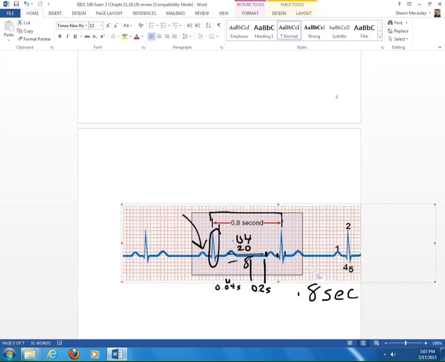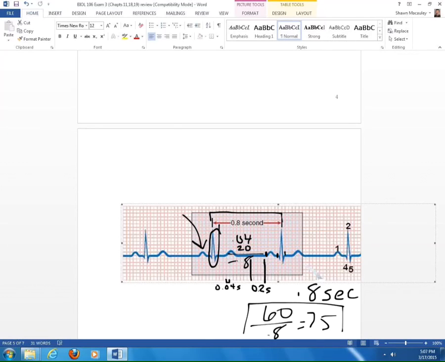You can count 3 and multiply by 2, if you knew that that was a 6-second strip. But the other way is 60 divided by the cardiac cycle length. So 60 divided by 0.8 gives you 75.